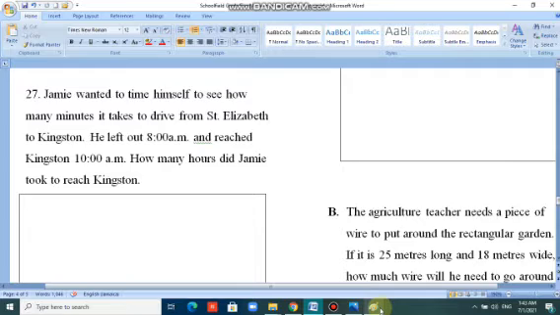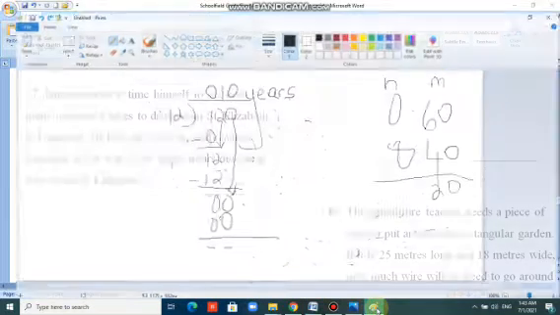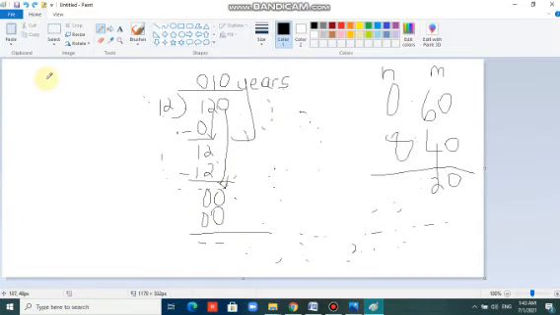So, what we're going to do, let me look back at the question. It says he left at 8 o'clock a.m. and reached Kingston at 10 o'clock a.m. How many hours did Jamie take to reach Kingston? This is actually easy. So we have our 10, and we have our 0, 10 o'clock.